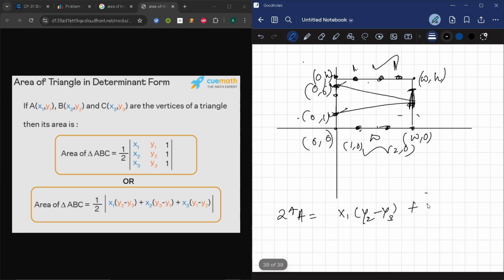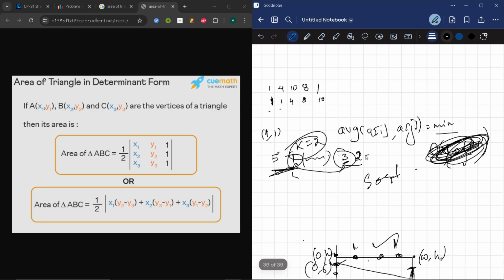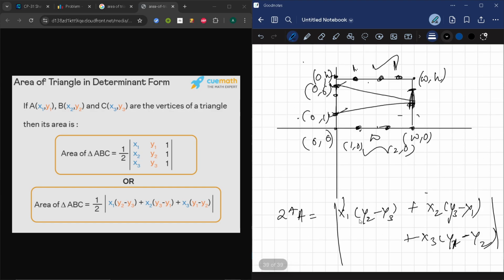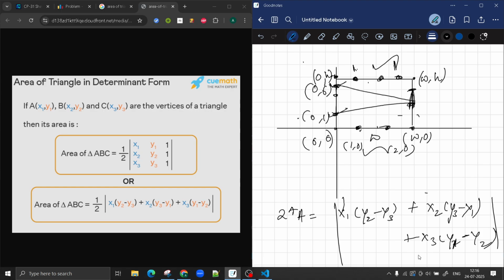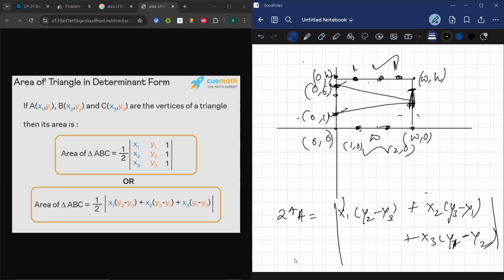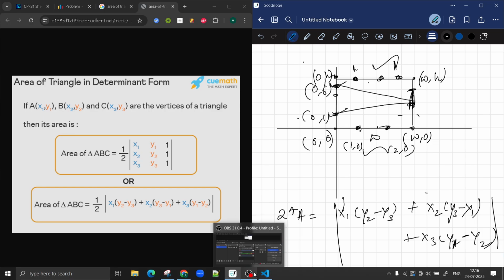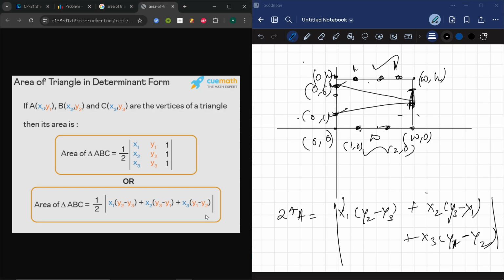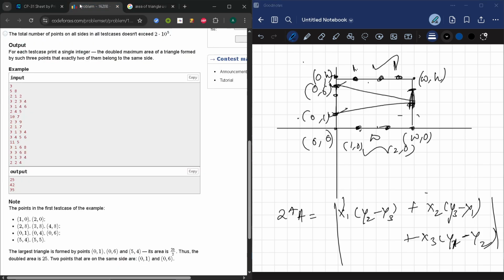Plus x2 times y3 minus y1, plus x3 times y2 minus y1 minus y2. This is the formula. Now what should I do for maximizing it is I just need x3 and y3. I'll iterate over the opposite side, all the points which will give me a good value of x3 and y3.